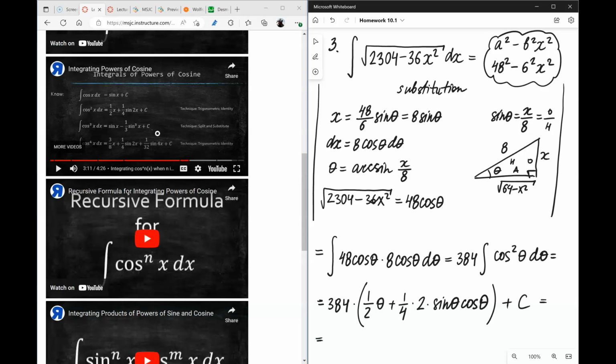So I'm going to pull out this 1/2, so it's going to be 192, and here I have theta, which is arc sine of x over 8, plus sine of theta, which is x over 8, times cosine of theta, which is the adjacent side of that reference triangle, divided by the hypotenuse. And that will be the final answer.